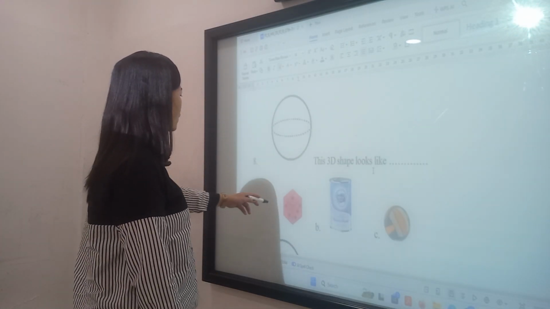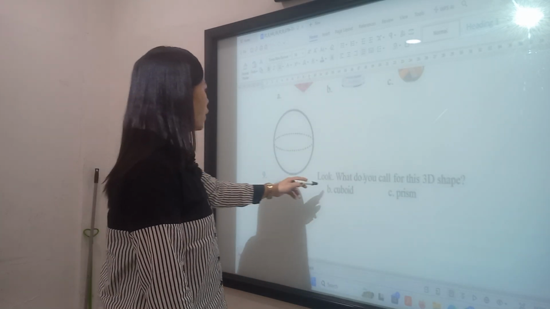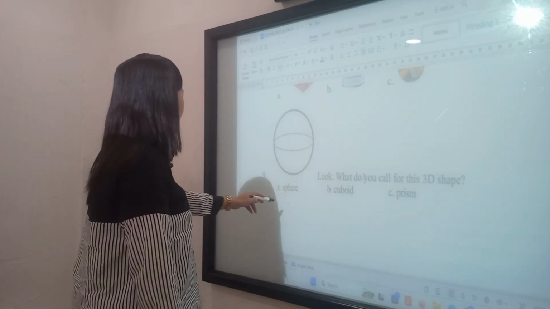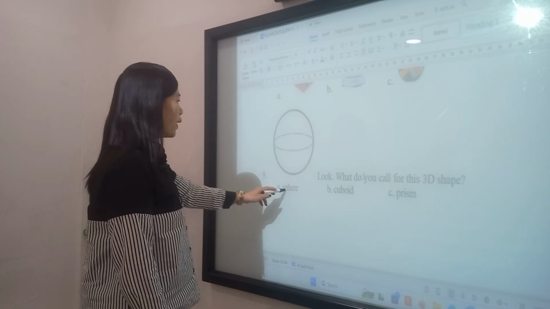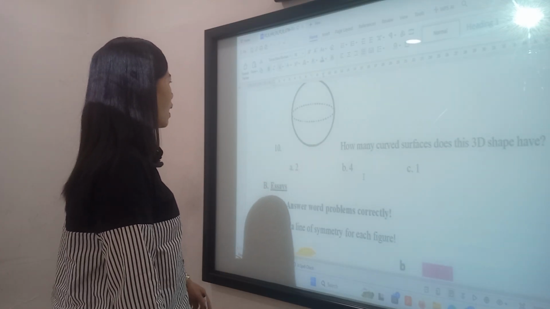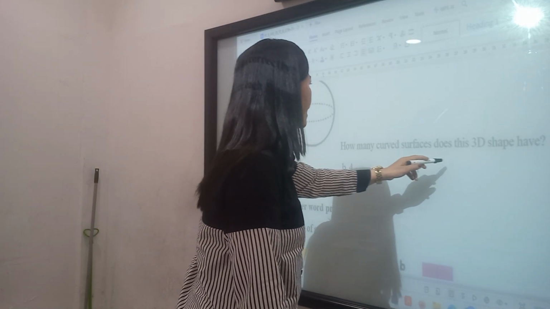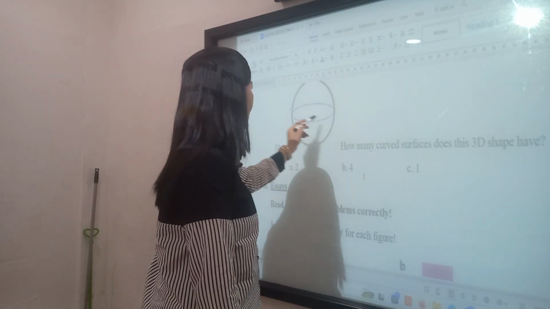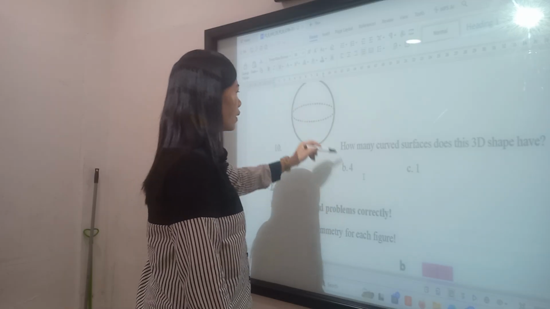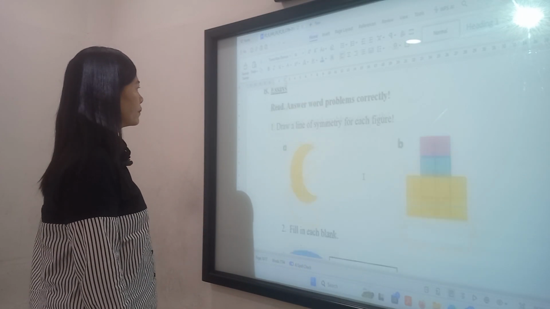This 3D shape looks like a ball. What do you call this shape? A. Sphere. Yeah, sphere. How many curved surfaces does this 3D shape have? Only one. This is curved. Only one curved shape.